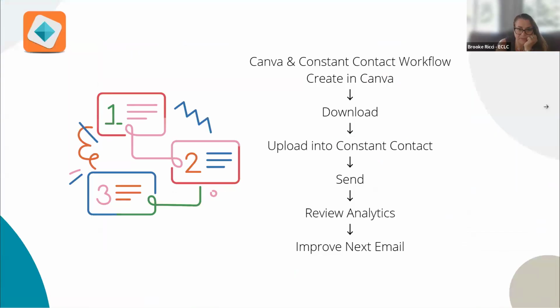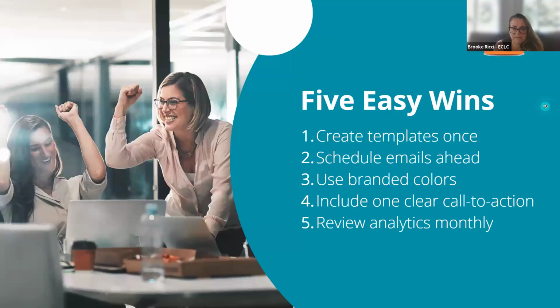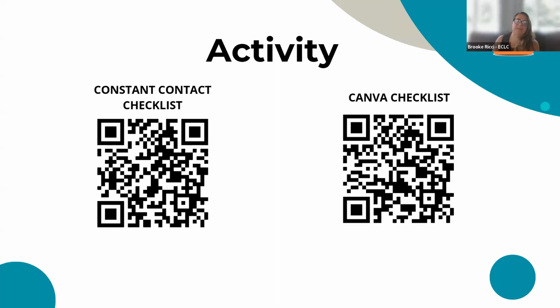Okay. Sounds good. All right, what's next? Oh, we can go ahead. That was just from Constant Contact. So we have 2 checklists if you want to scan the QR code really quickly.